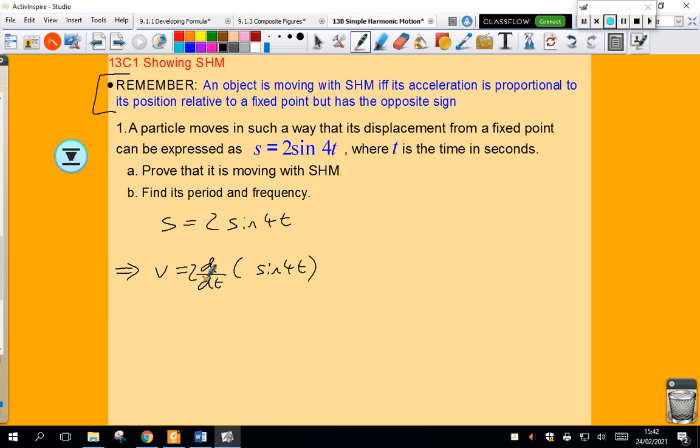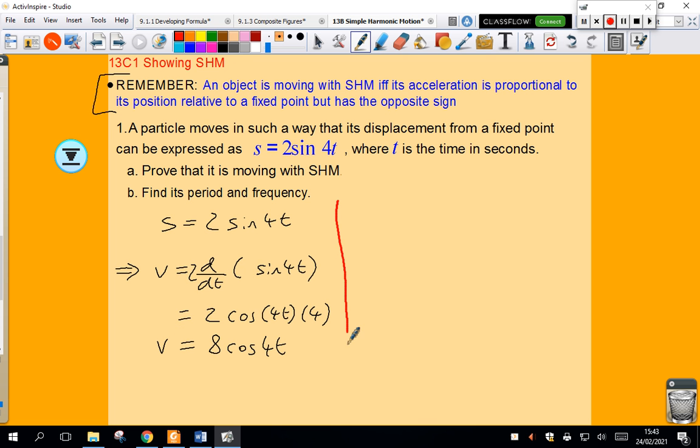So the velocity will be twice the derivative of sine of 4t. The derivative of sine of something is always cosine of that thing times the derivative of that thing. So the cosine of 4t times the derivative of 4t, which is 4. Simplifying, that's just going to be 8 cosine of 4t. That's an expression for the velocity of the object.